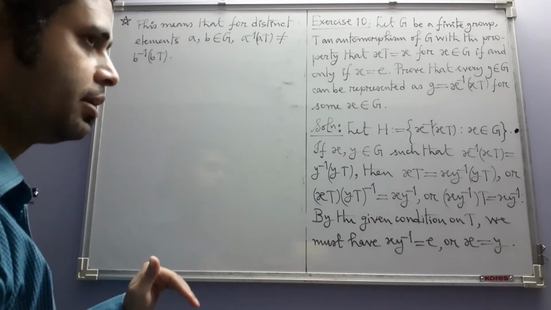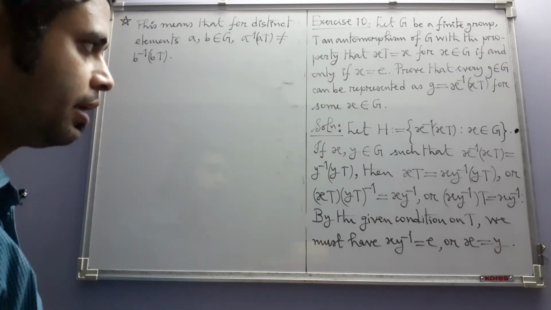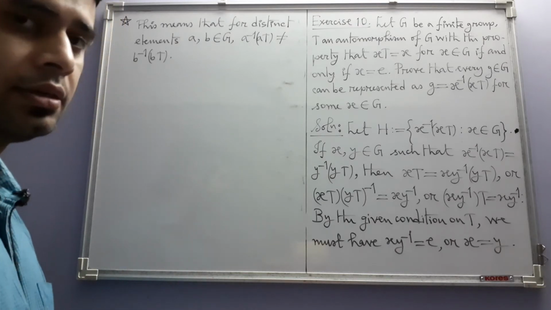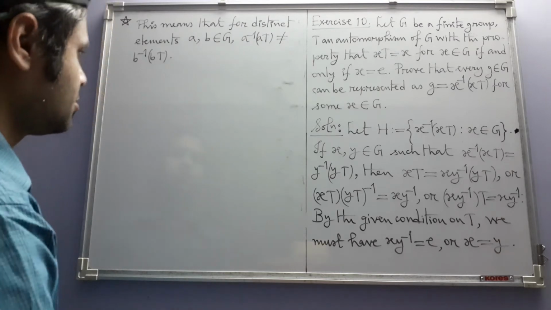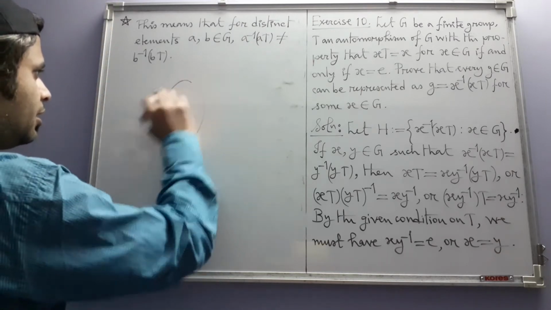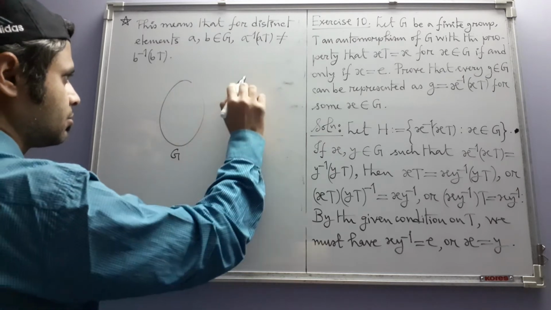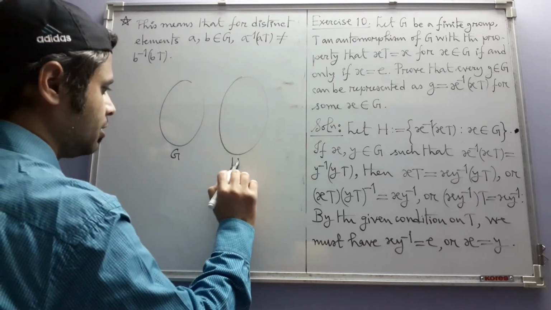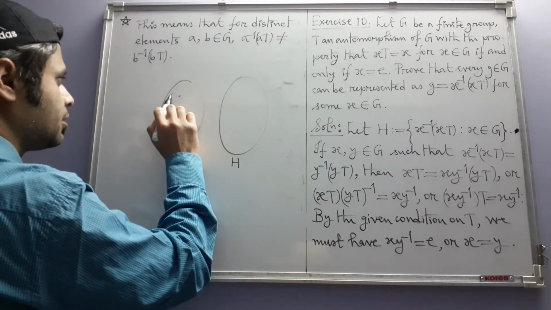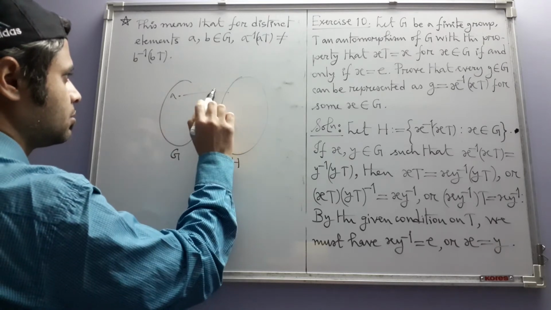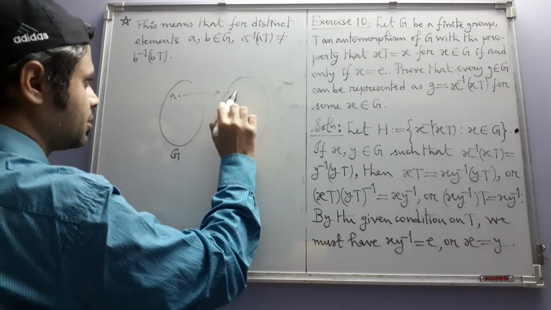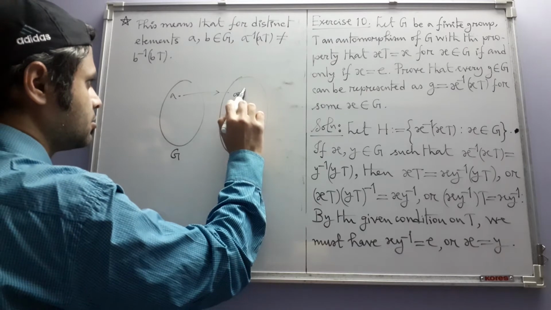There are at least as many elements in H as there are in G, because you have G like this and here you have H. You are taking an element A, you can make that element correspond to this.